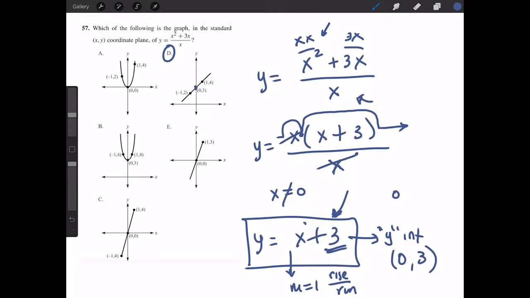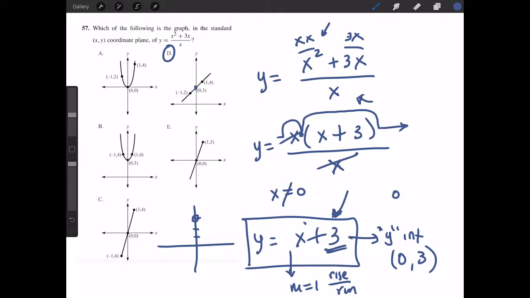Now, strictly speaking, the graph for this would need to look as follows. There would need to be a hole at 0, 3, because you can never plug in 0 for x. Again, if you plug in 0 for x, you're going to end up with something divided by 0, and you can't have that. Never. It's undefined. So there would be a hole there.